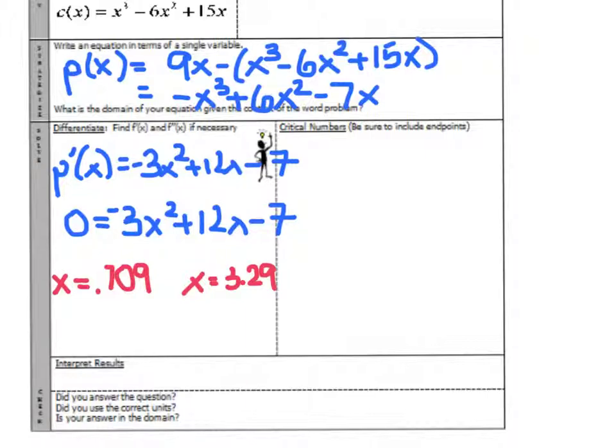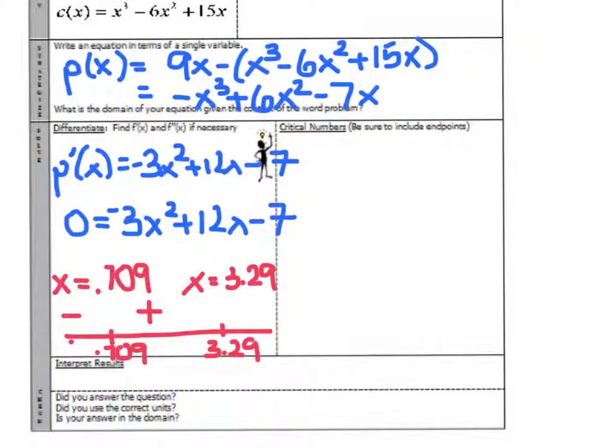So I have to decide which one is the maximum I would want to produce in order to maximize my profit. So if we were to look at a sign chart for this, 0.709 and 3.29. If we substitute a number less than 0.7 into the derivative, for example 0, I get a negative. And if I substitute a value of 1, negative 3 plus 12 is 9, minus 7 is positive.